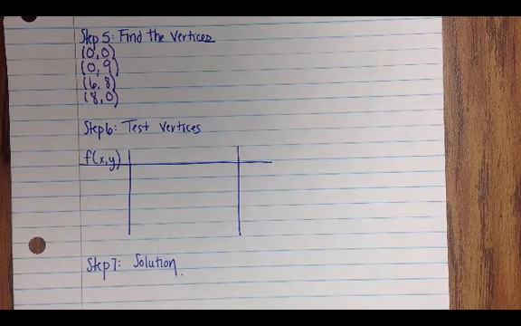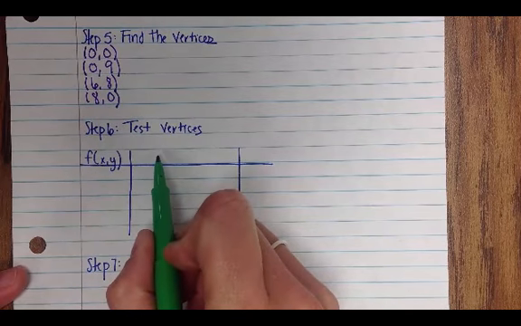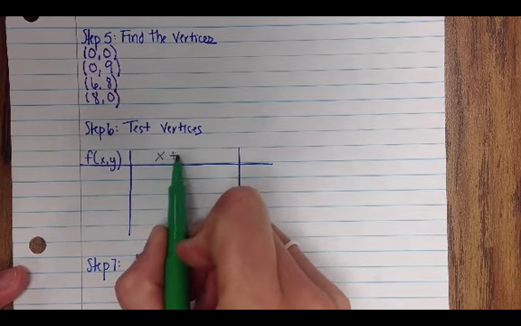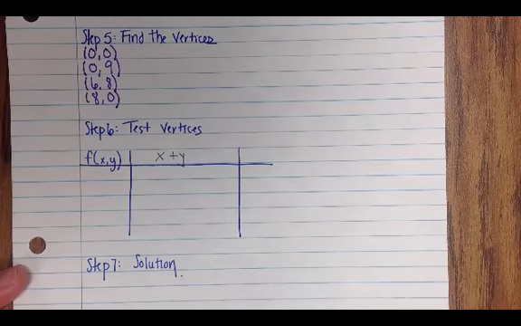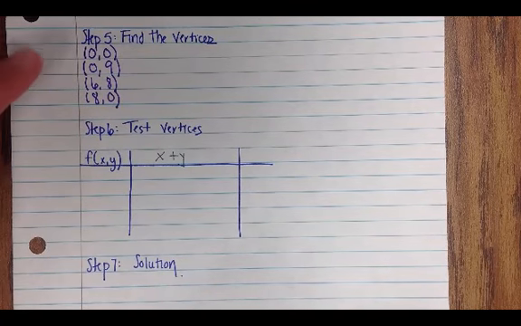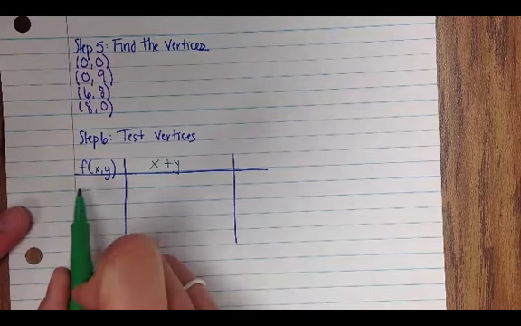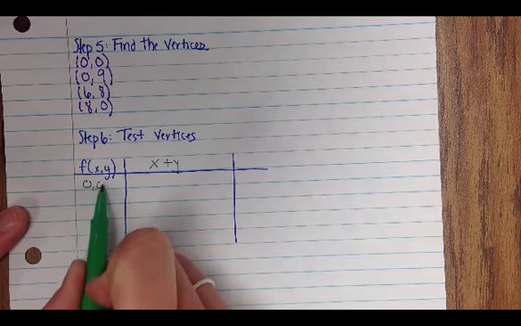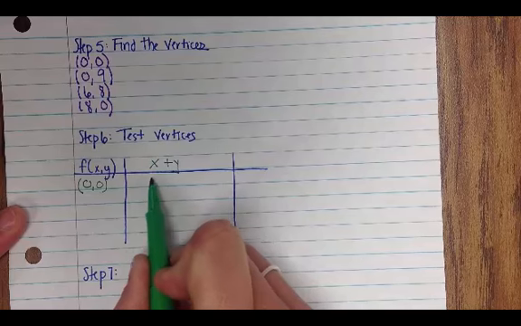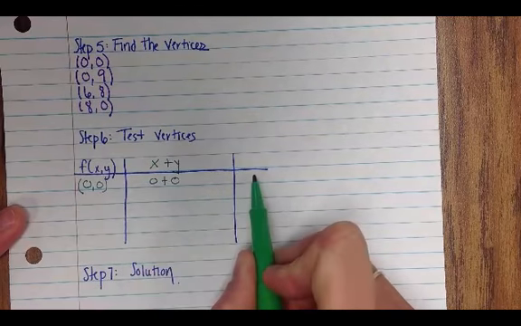Now we're going to test our vertices into our objective function to determine our maximum number of gallons that he can make. So in step number 2, we defined our maximum function as x plus y. So in step 6, you're going to take your vertices from step 5 and we're going to plug them into our function. So we have 0, 0. So 0 plus 0 would equal 0.